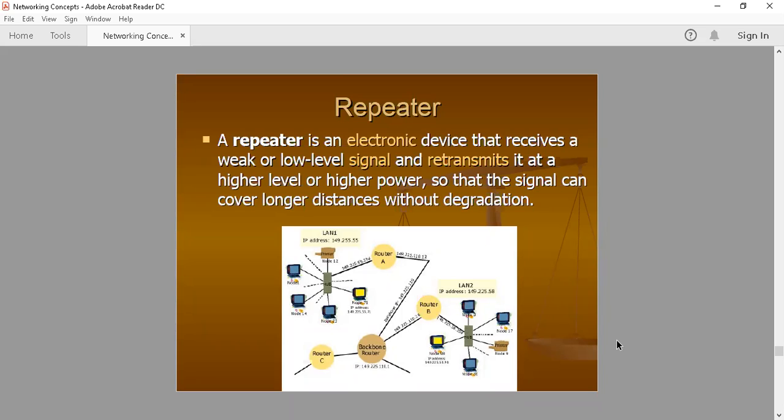See, if we have a Wi-Fi and the Wi-Fi radius is limited to 2 rooms, and you want the Wi-Fi to be reachable to the third or fourth room also, then you have to use a repeater and configure it in your Wi-Fi router so that the repeater will function and extend your Wi-Fi network. Then you will be able to use the Wi-Fi in rooms 1, 2, 3 and 4. That is nothing but a repeater, which extends the signal.